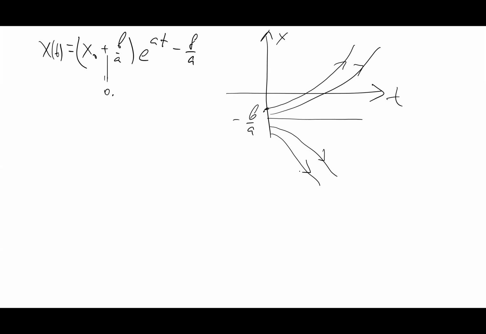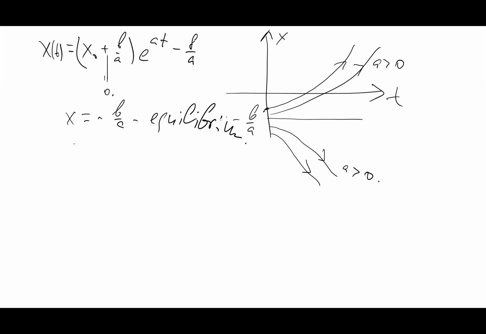So from here we can see that x equal to minus b over a is an equilibrium. This is what I plotted when a is positive.